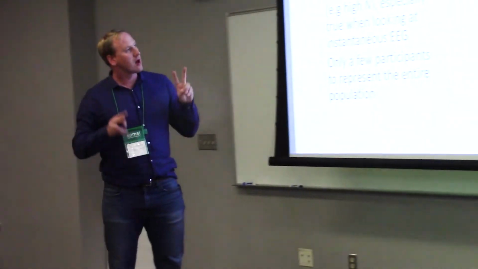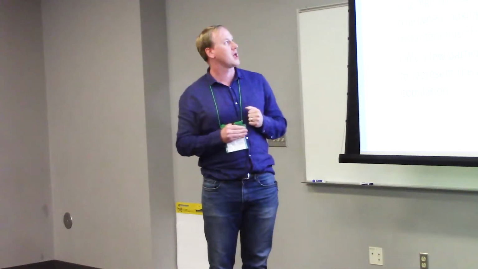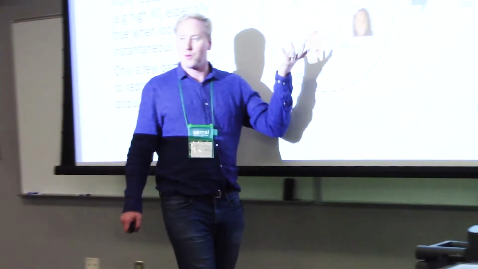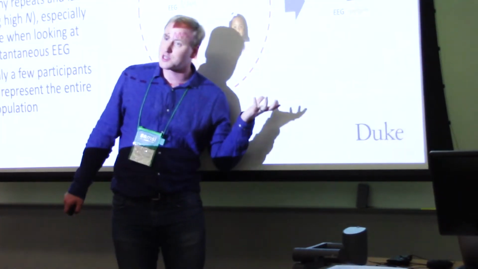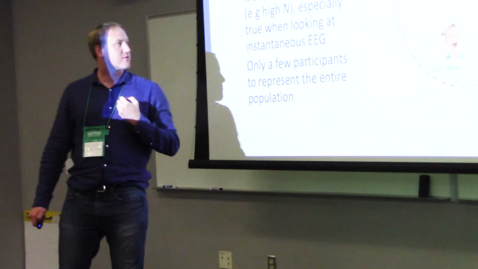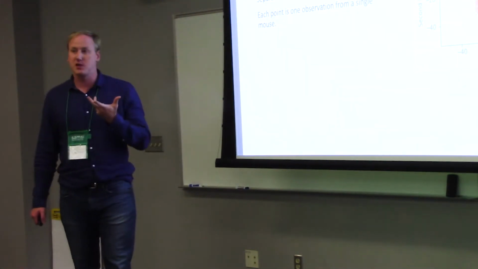This is what I like to call little big data, where it seems like you have big data because you get a lot of longitudinal measurements from an individual participant, but really our N is very small because we only have a few participants. So we're not trying to generalize from 10,000 measurements, we're trying to generalize from only a few participants to a new participant. And so, can we actually do this?